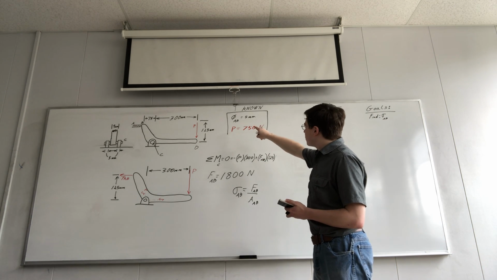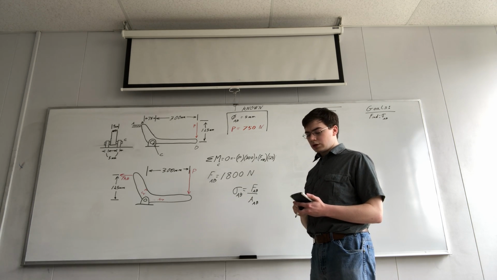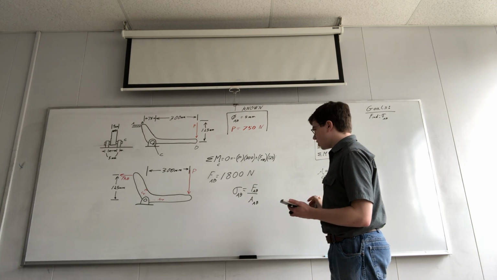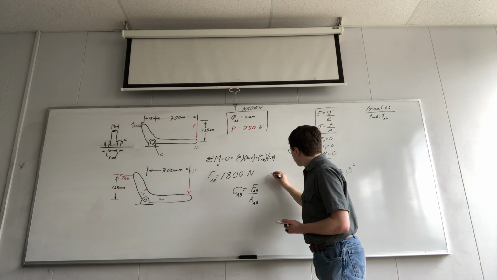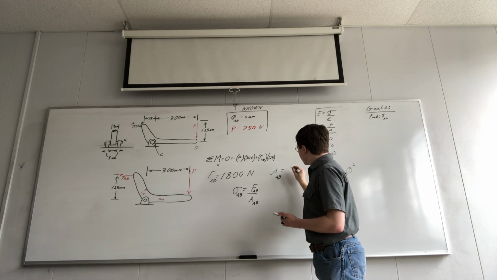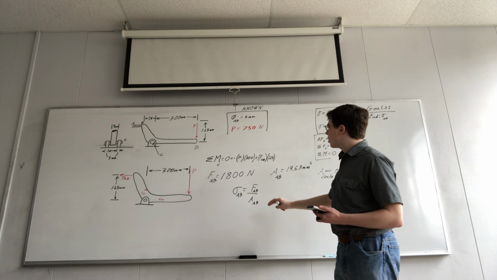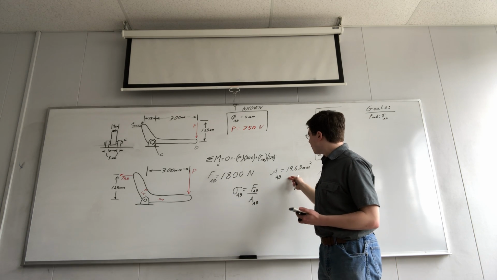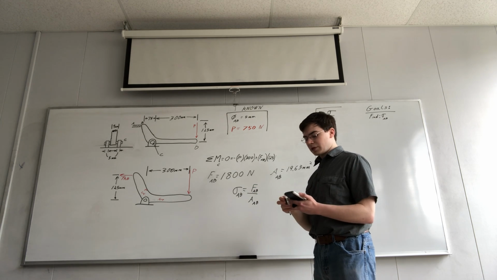We know that the diameter of AB is 5 millimeters, so once we plug it into this equation, we come out with area AB equal to 19.63 millimeters squared.